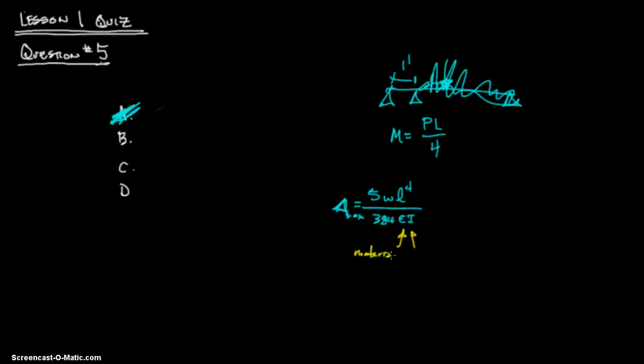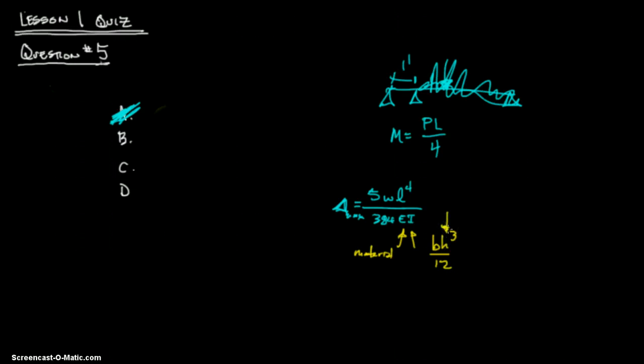has to do with the material, and I has to do with how much material is away from the center of the shape. So the two most important are the depth of a member and its material, and I is heavily BH cubed over 12. H is the depth.